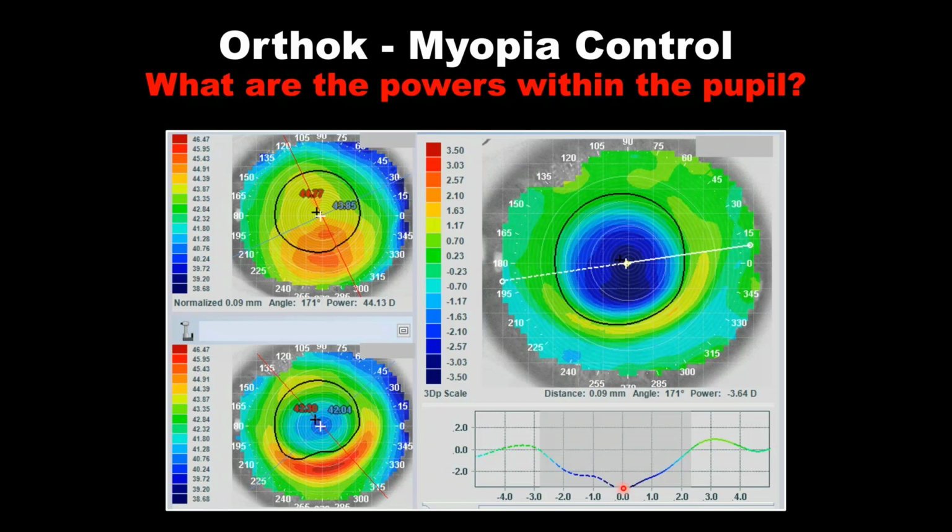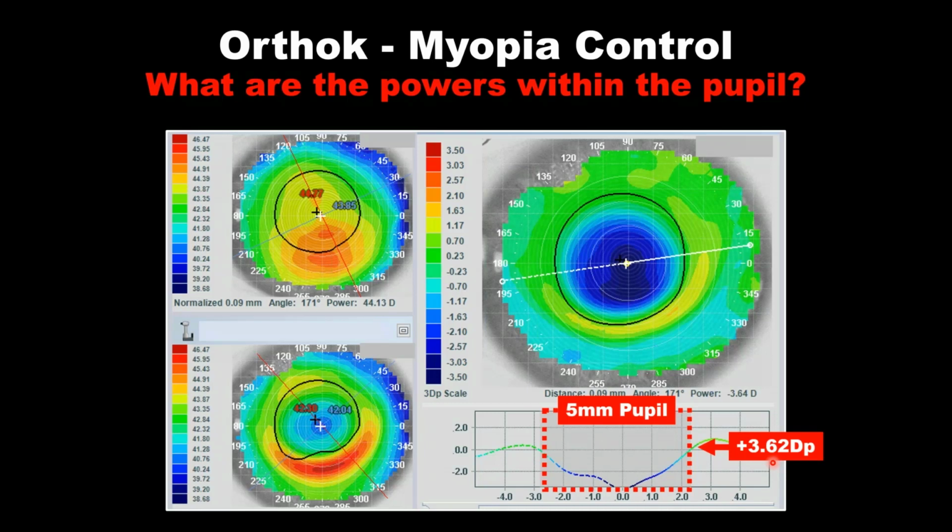What we might look at is the action within the pupil, and let's focus in on the effect on the visual axis. That's minus 3.64 diopters. And at the pupil border, we're basically at 0 effect. So going from center, 3.64, there's a drop of approximately 3.62 diopters. So basically, we have a 3.62 add power.